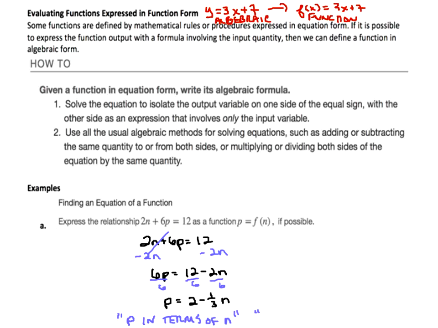In other words, now p is a function of n, because I'm going to plug in some n value to figure out what p is. Since I have put p in terms of n, I can rewrite this equation in its function form. Well, that means the function of n is 2 minus 1/3 n.